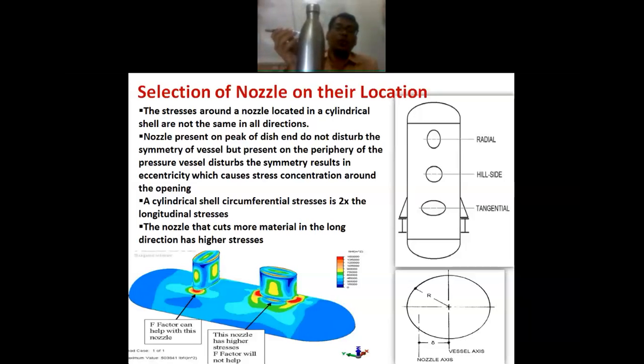That is the location of a nozzle. I can attach one pipe here, another nozzle in this section, or another in this section. That is going to disturb the symmetry of the vessel and create a torque. So the attachment of the nozzle is also important.